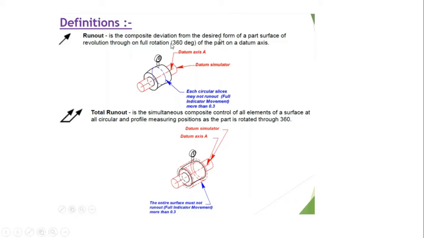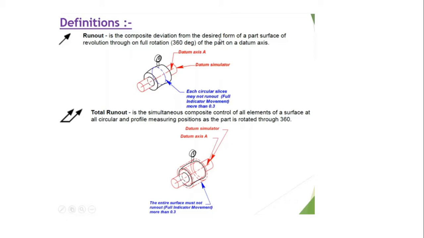The first considers only a particular edge; it is the composite deviation from the desired form of a part surface of revolution through a full 360 rotation, if it deviates somewhere with respect to C. For example, you already know that if you use gauges to check the tolerance range, and it lies exactly under the tolerance region with respect to that particular diameter, we can say that there is no runout with respect to that particular edge. That is known as single runout.